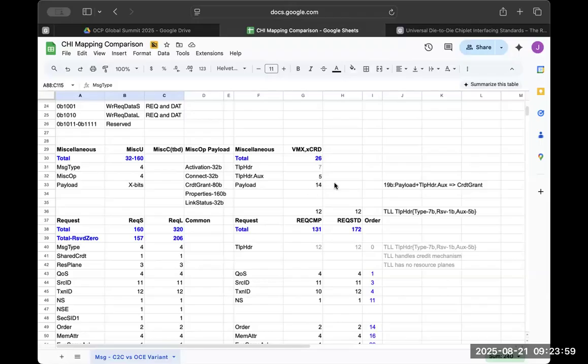In the case of the credit TLP, the aux field adds 5 bits, so you have a 19-bit payload for the credit grant. When you look over at C2C, they've got an 80-bit packet or message format. So I started to track all these different messages that they have on C2C and how they correlate to what we've got defined.